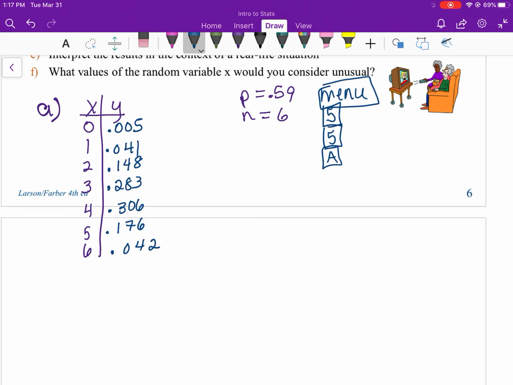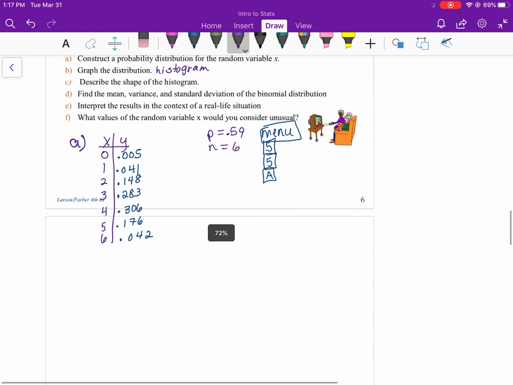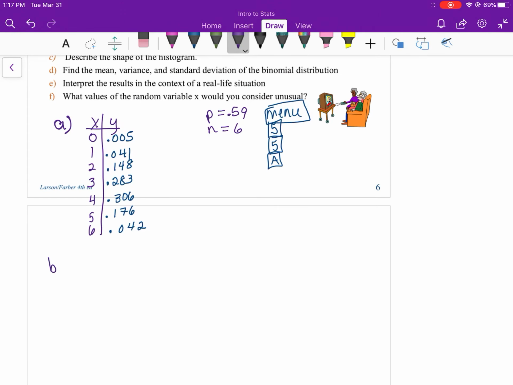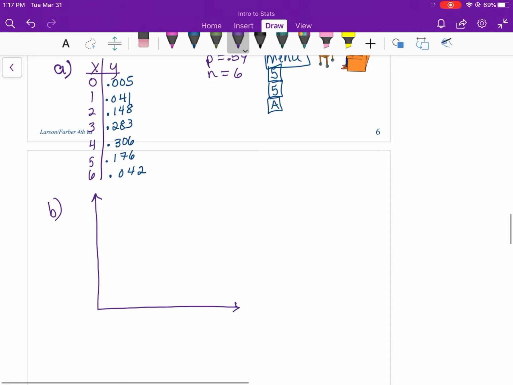Part B, we're going to make a histogram of this. So let's see here. I think I'll put that right here. All right.